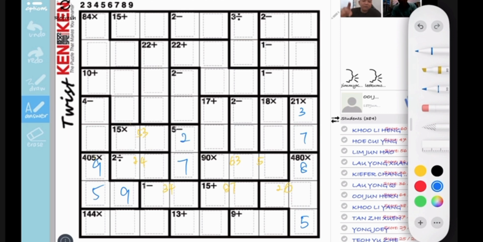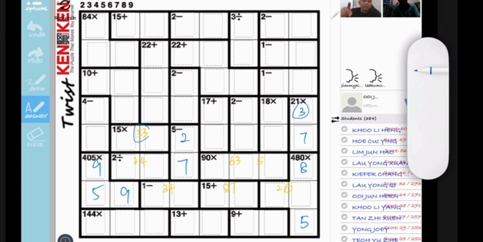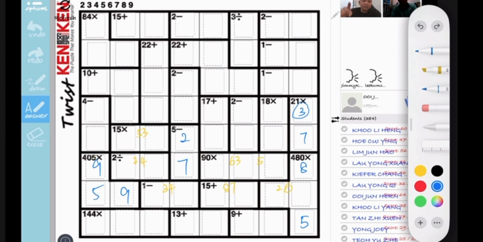Okay, and then for the 18 multiple, since we have used 3 in both rows, here and here, the only possibility is 9 and 2. It cannot be 6 and 3. Okay, and since we have a 2 here, we can fill in the numbers 9 and 2.